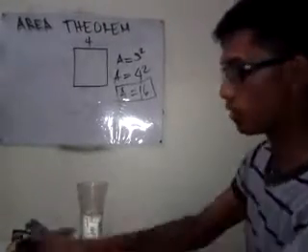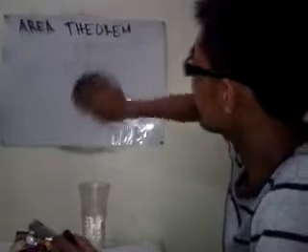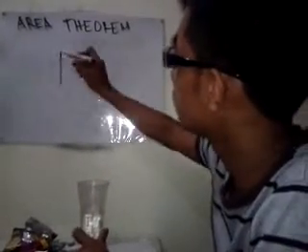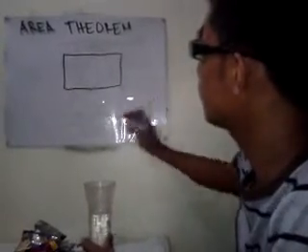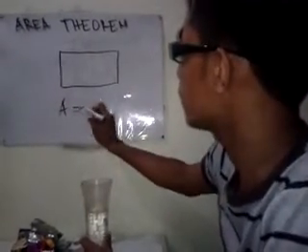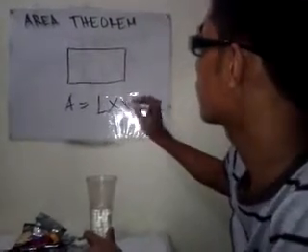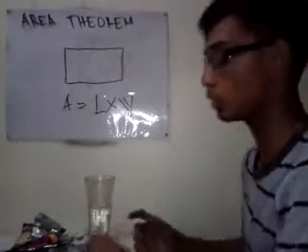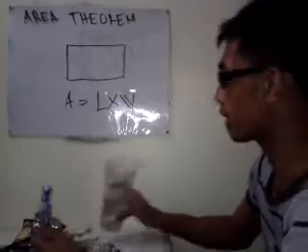And next, we're going to discuss the rectangle. Okay, and for a rectangle, we're going to use length times width, because that's the formula to solve the area of the rectangle.